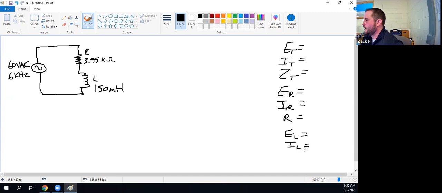And what is the resistive value of the inductor? Okay, what's the resistive value of the inductor? What was the resistive value of a capacitor? The ohmic value.